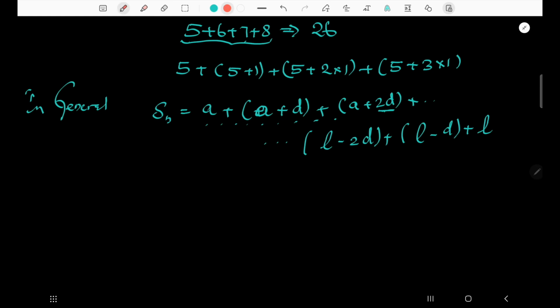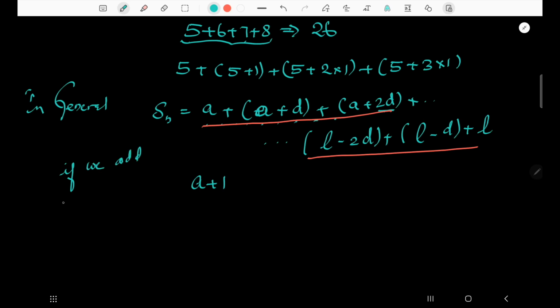Okay, right? So I hope you have understood this one now. So here, if we add the corresponding terms, the sum will be equal to a plus L. How is this?